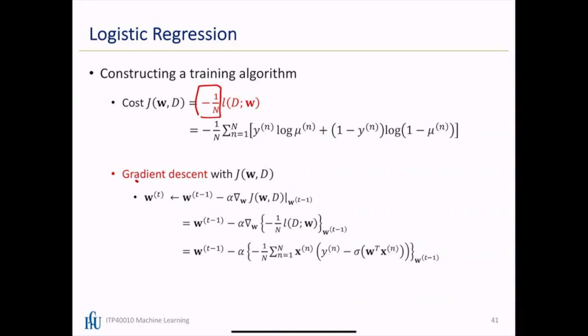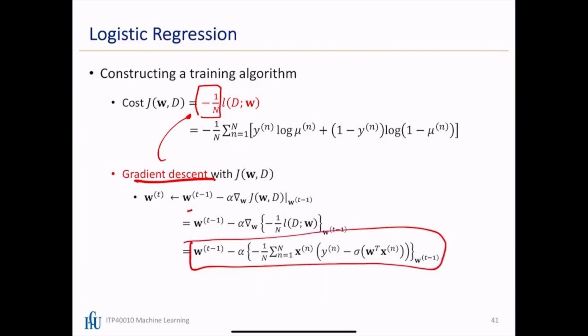So gradient descent with this modified J function can be written down in this way. And you can further expand it like this by taking the partial derivative with respect to w. So this is how you obtain the vector w that is building a logistic regression model.